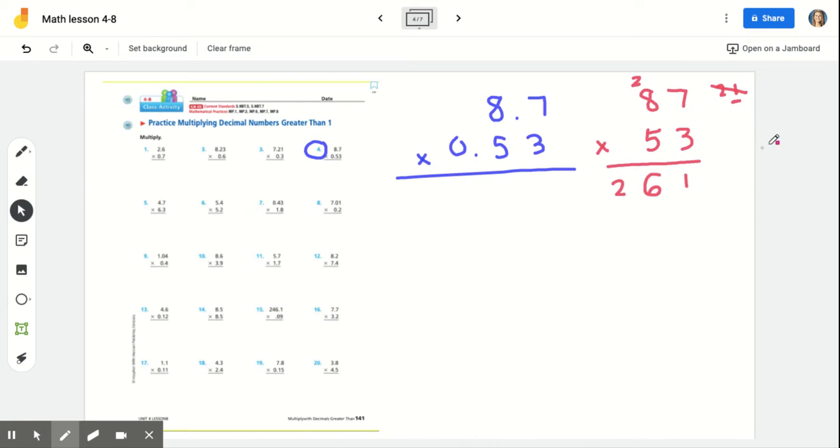Great. Our next step, we're going to cross out this 2. We're not going to need this for this next step. We're going to be multiplying 87 times 50. So there's going to be basically an invisible 0 here. Since 50 has a 0 in its 1 spot, we know there's going to be a 0 in our product. So we're going to put a 0 in our 1 spot on the next row.